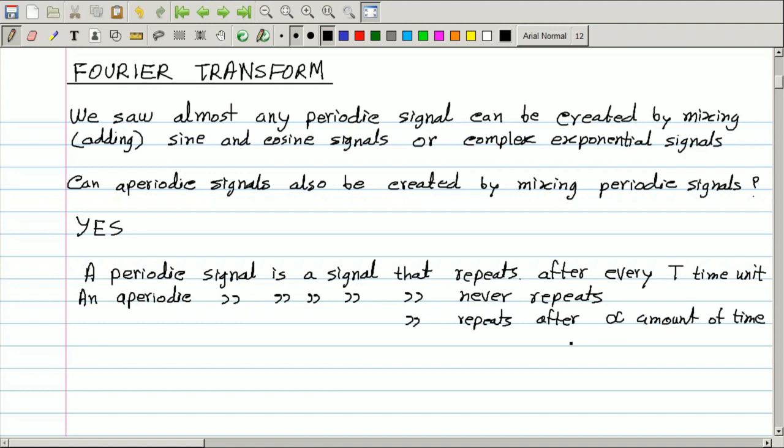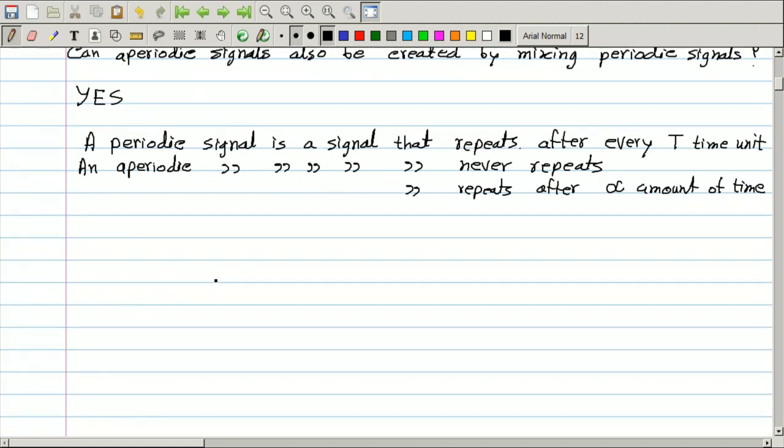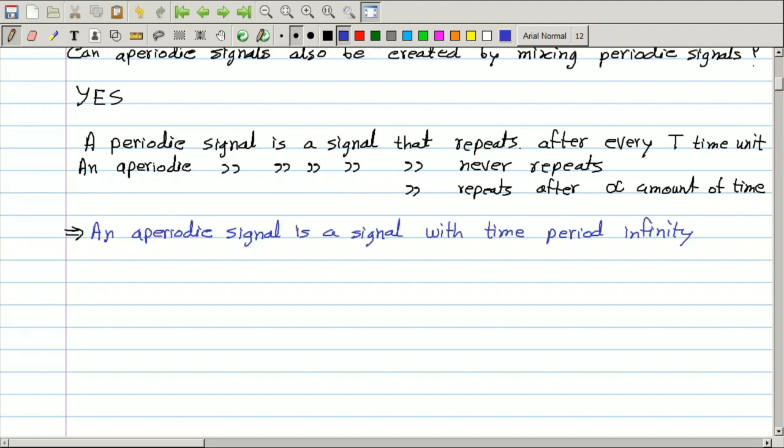So that is a mathematical way of saying that it never repeats. So we can say that an aperiodic signal is also a periodic signal with time period infinity. Again, an aperiodic signal is a periodic signal with time period infinity.